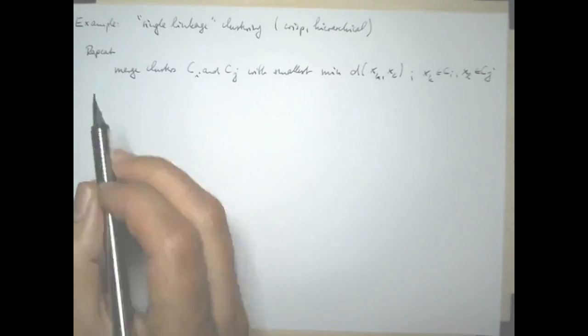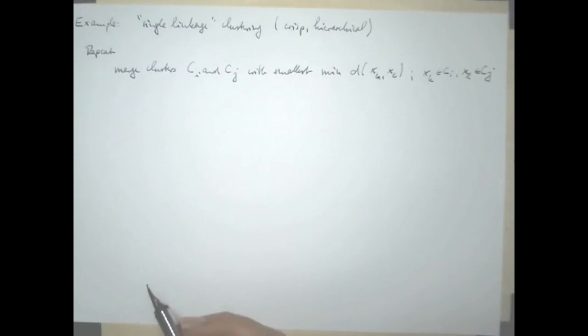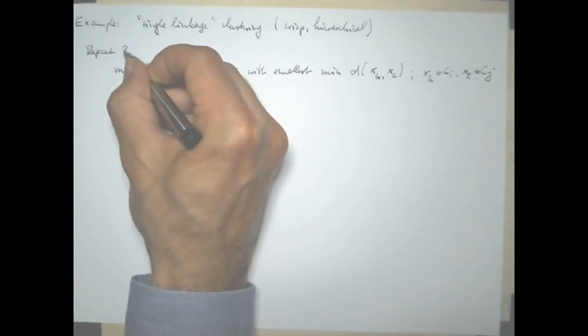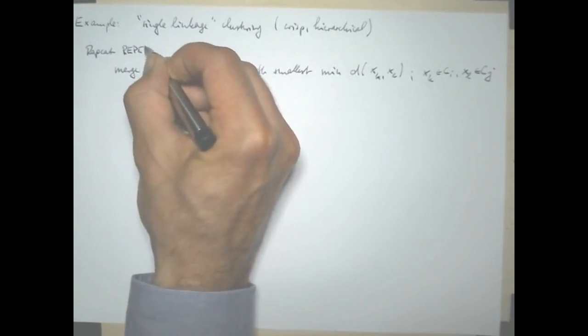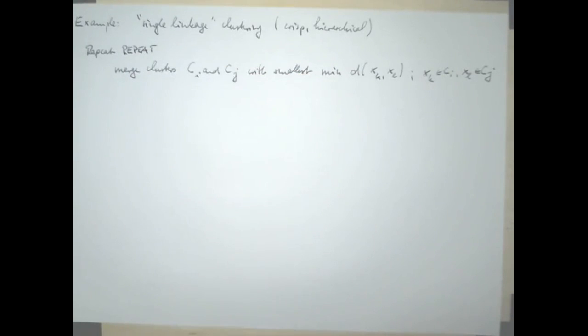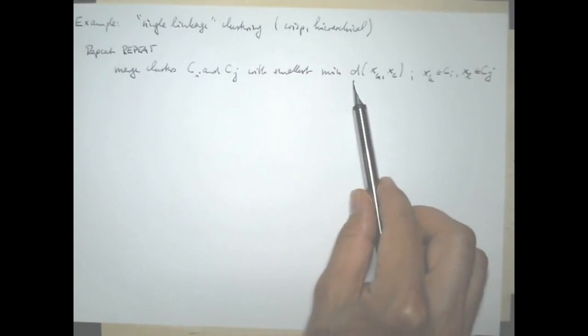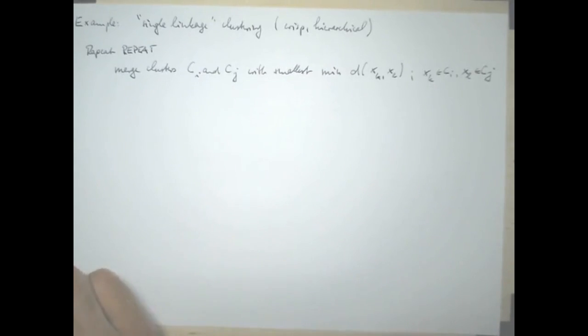We repeat. So we merge the two clusters Ci and Cj, which have the smallest distance between any of their two members.